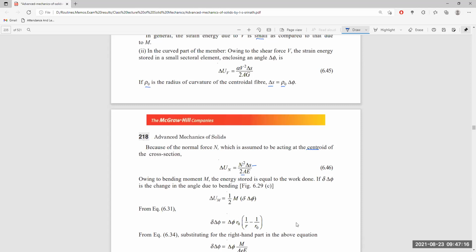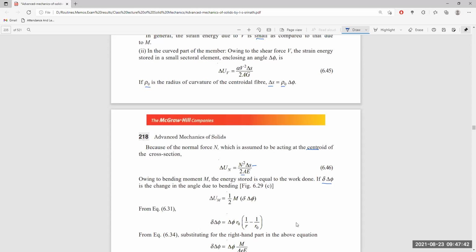If delta phi is the change in the angle due to bending, due to rotation, it is delta sigma phi. So delta U M is half of M multiplied by delta sigma phi, the bending moment multiplied by the rotation created due to bending, divided by 2 as we are taking the average from 0 to the maximum value.